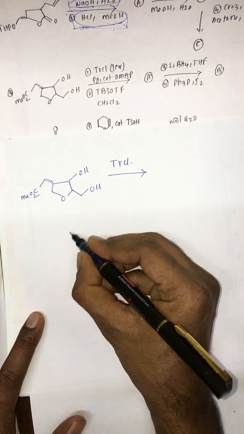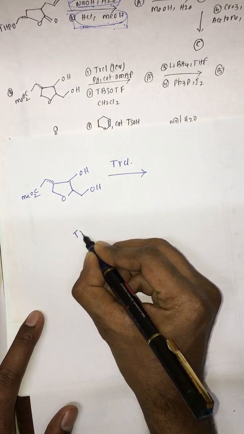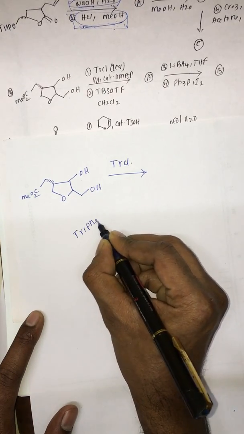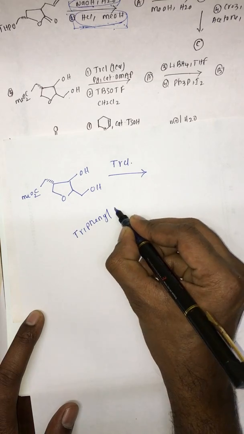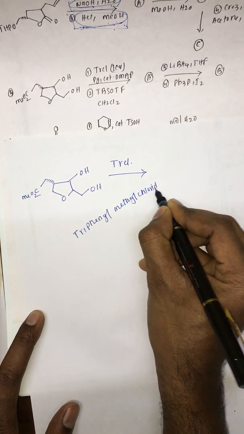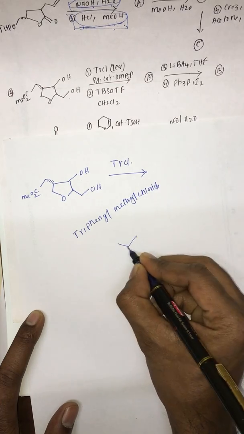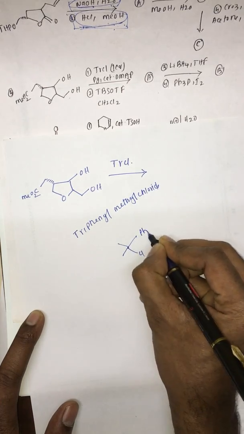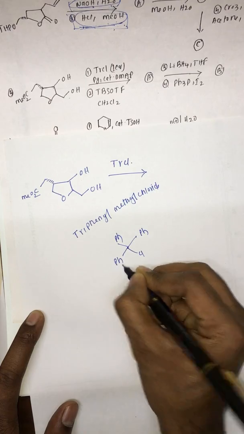So TrCl means triphenylmethyl chloride. The structure looks like this: Cl, phenyl group, phenyl group, phenyl group.